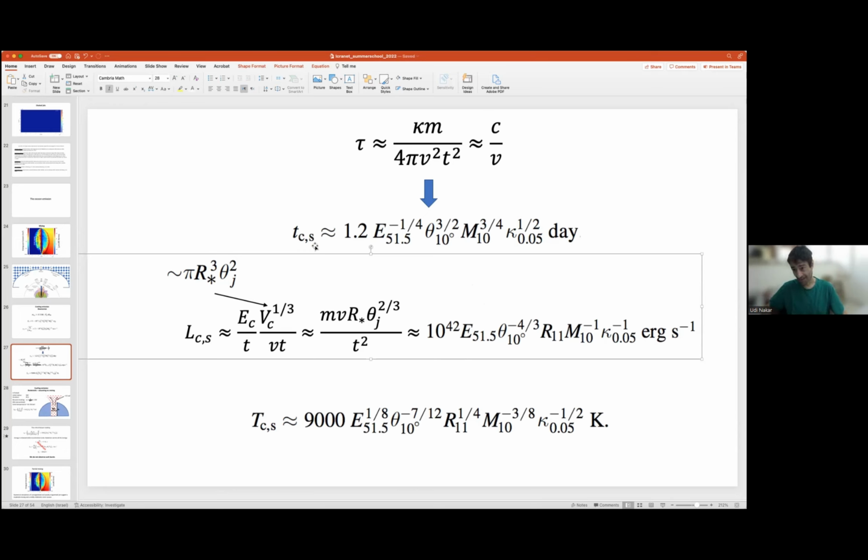So we expect a short-lived, relatively bright emission, and the temperature is about 9,000 degrees, very comfortable for observation in the optical. So the conclusion is that each long GRB is expected to be accompanied by a transient with a time scale of 1 day, a temperature in the optical band, and a luminosity comparable to that of a supernova. It, of course, will fade rather quickly.